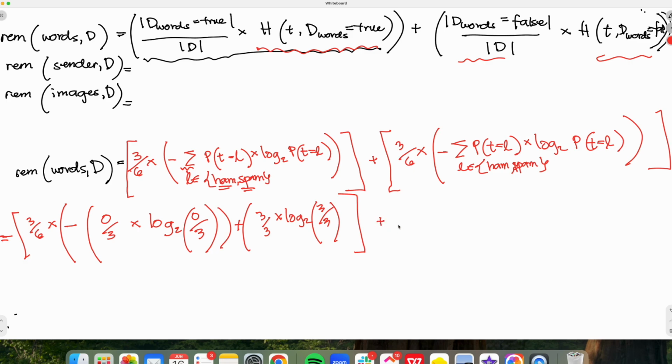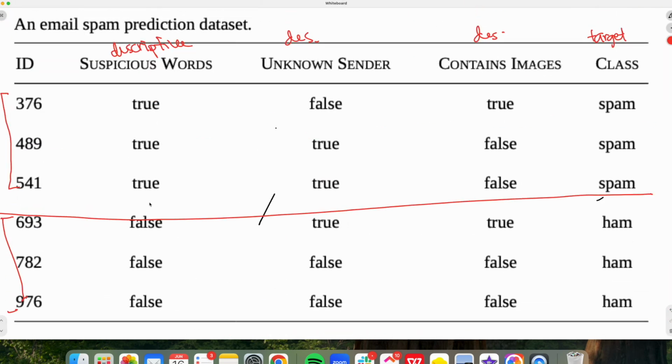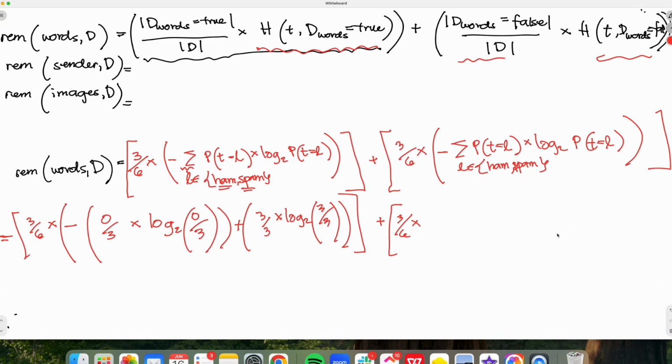And then here we will have for the second term, 3 over 6 times this is for when suspicious words are false. So there are 3 of them again. So we would write again 3 over 6, and then its entropy is similar.